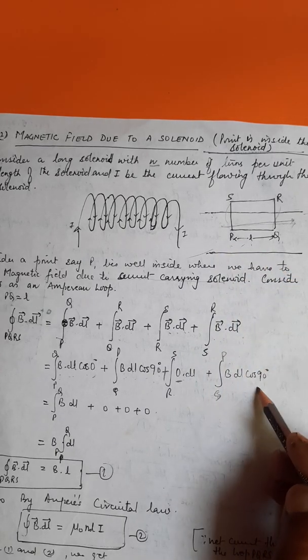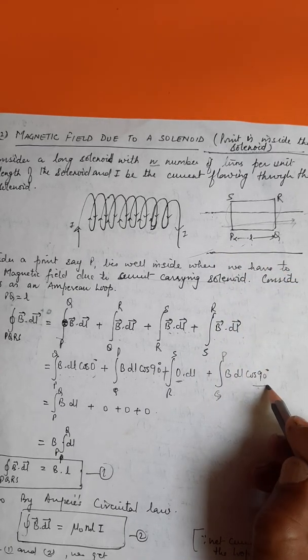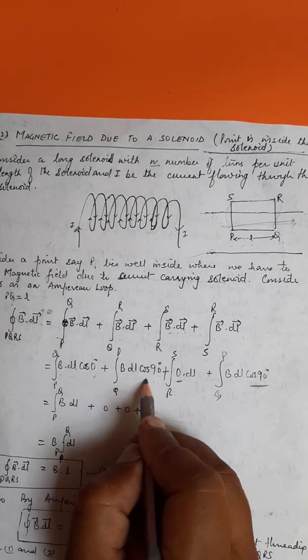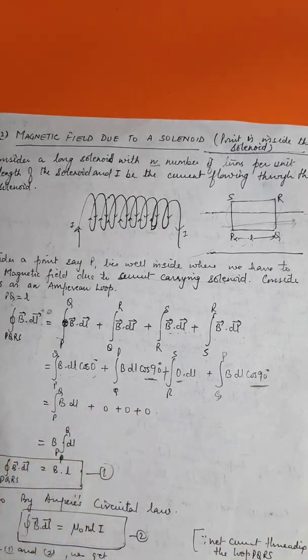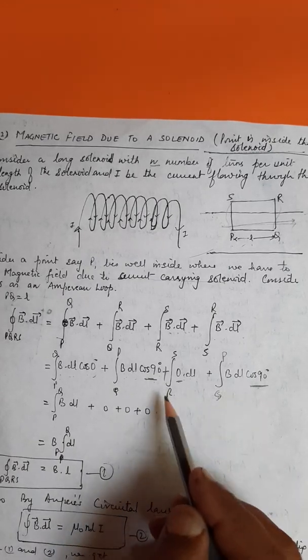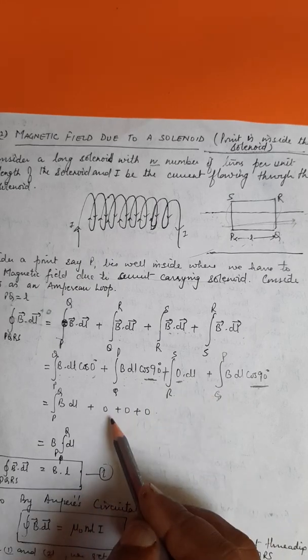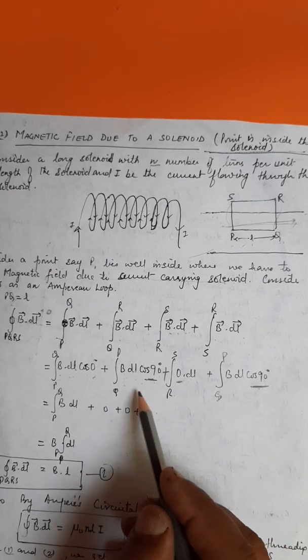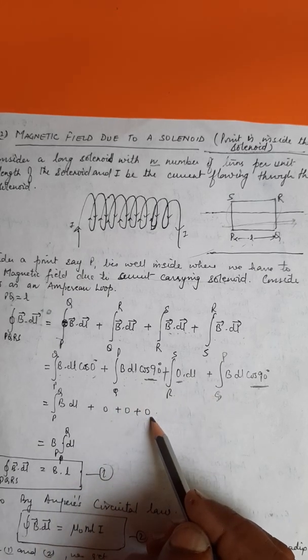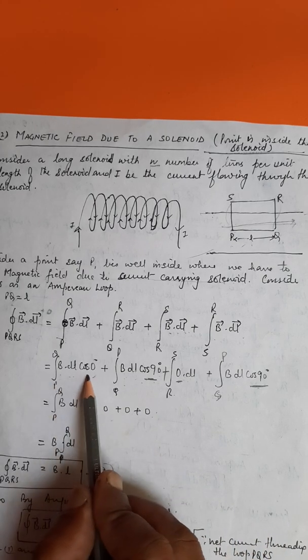The value of cos 90 is 0, so these three terms are 0, and only the first term remains.